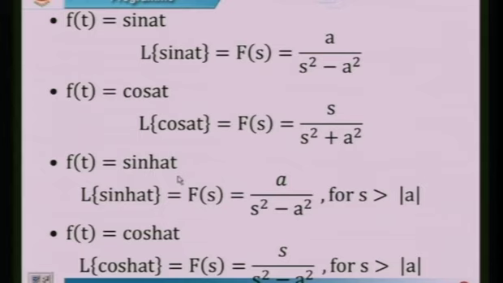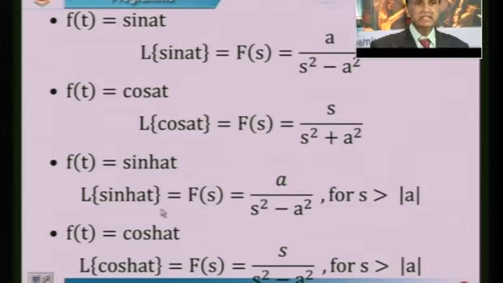This will be replaced under the integral sign, and then you will do the integration, and you are getting L of sine hyperbolic at is equal to a divided by s square minus a square. So this is the result above, along with the correction of the plus sign that I have to do. In the hyperbolic function it should be minus in the simplification, and in the ordinary trigonometric function it should be plus sign.